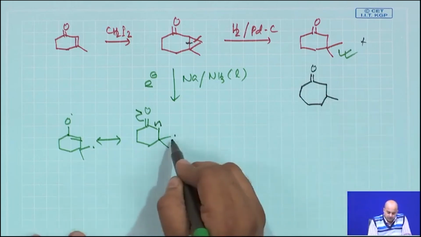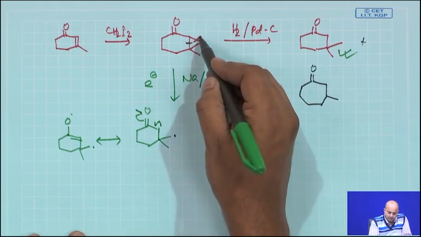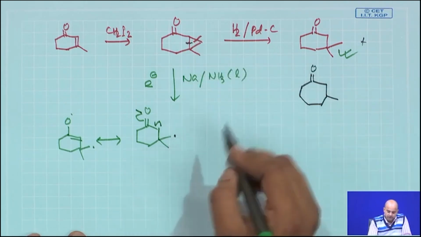Now, I see if you have this radical which can clip from particularly this thing, you get a CH2 dot here.